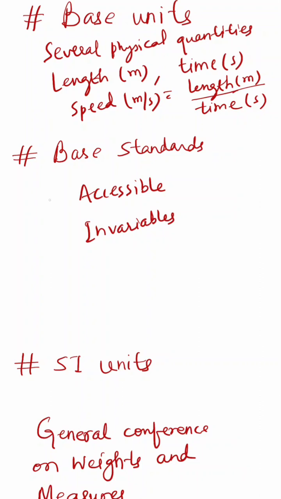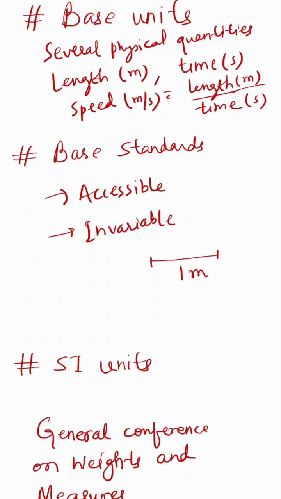So what do we mean by accessible and invariable? Invariable means that if I am declaring that a certain span in space is 1 meter, that is the standard of length, let us say, and I am sitting in India, then the same span should be called 1 meter in any other country or any other geography at any other time.